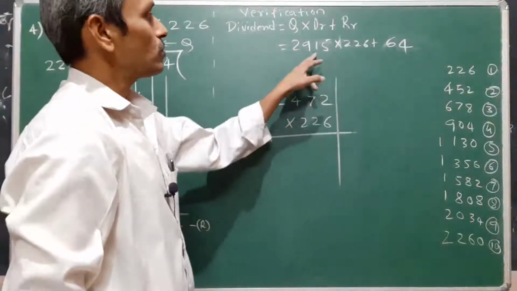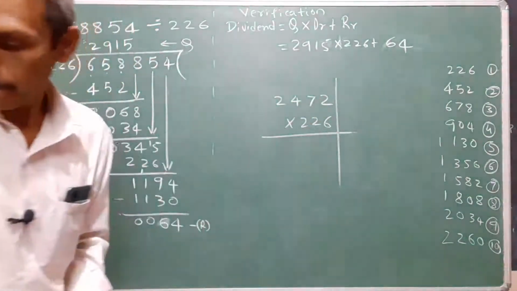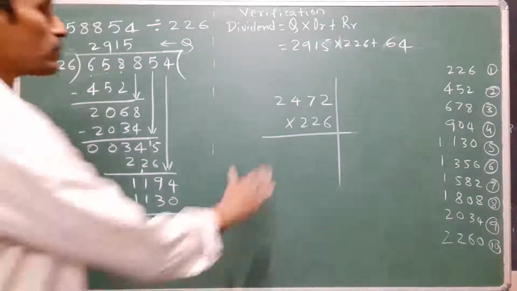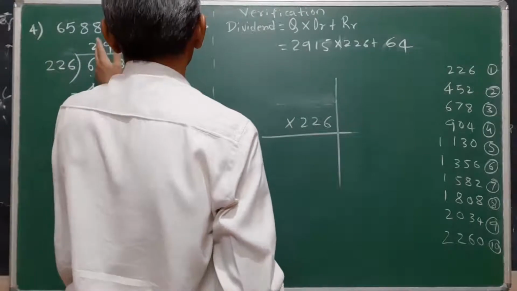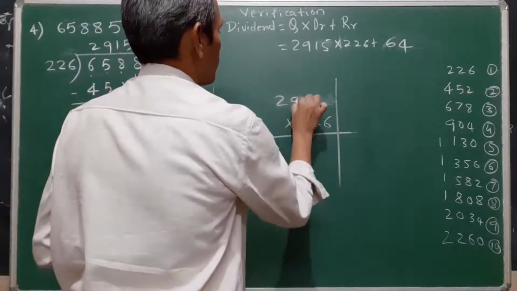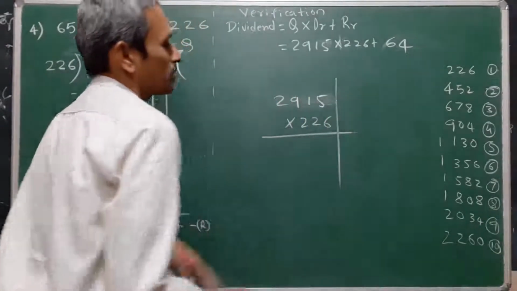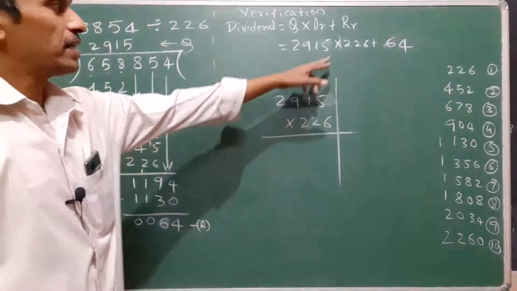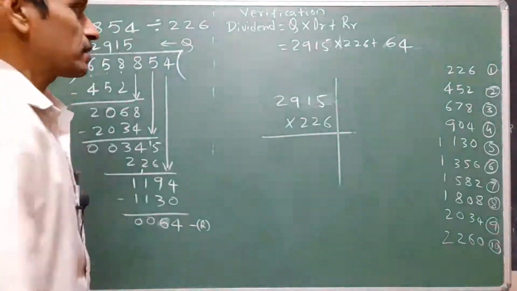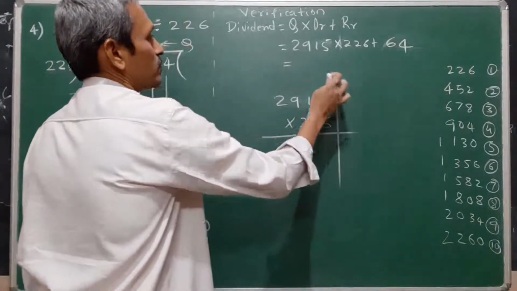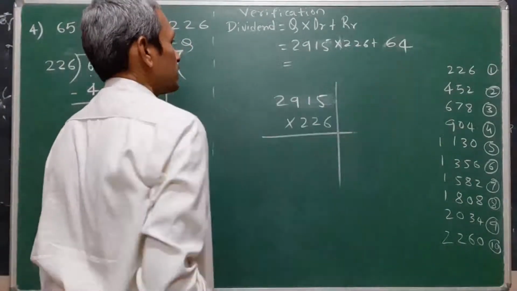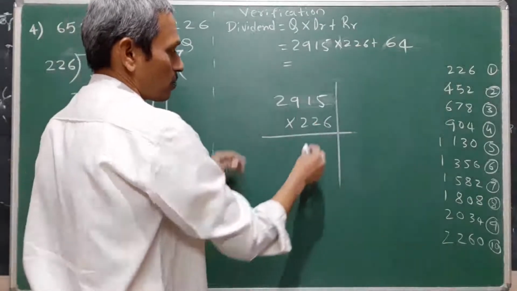Multiply these two, and we'll write here this one, quotient 2915. Now we'll multiply 2915 and 226. Then after multiplying these, we add 64 to the product of these two numbers.